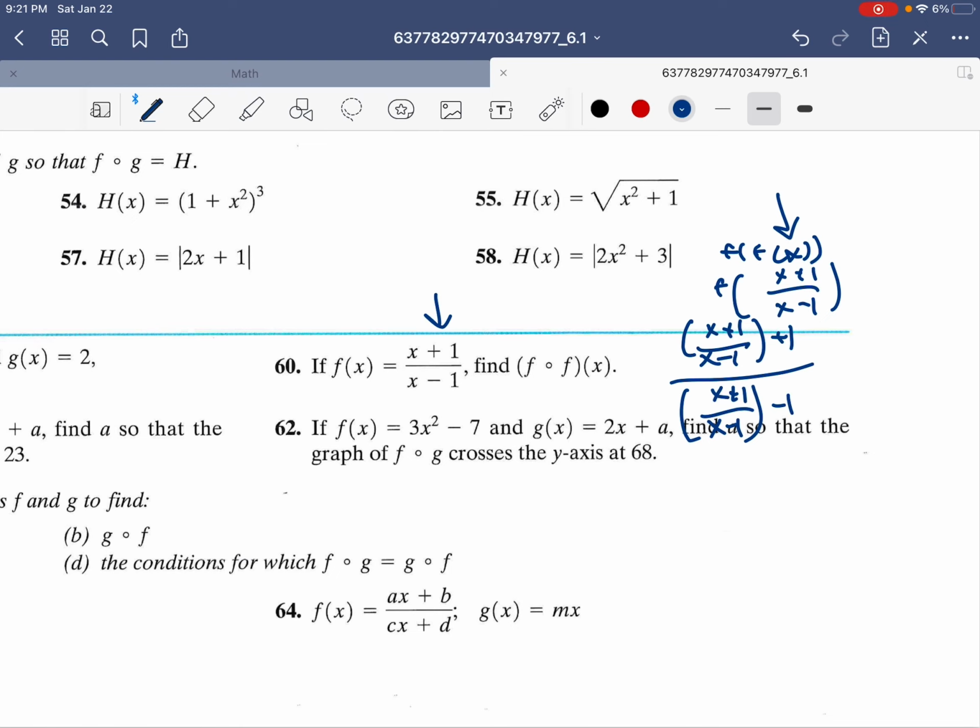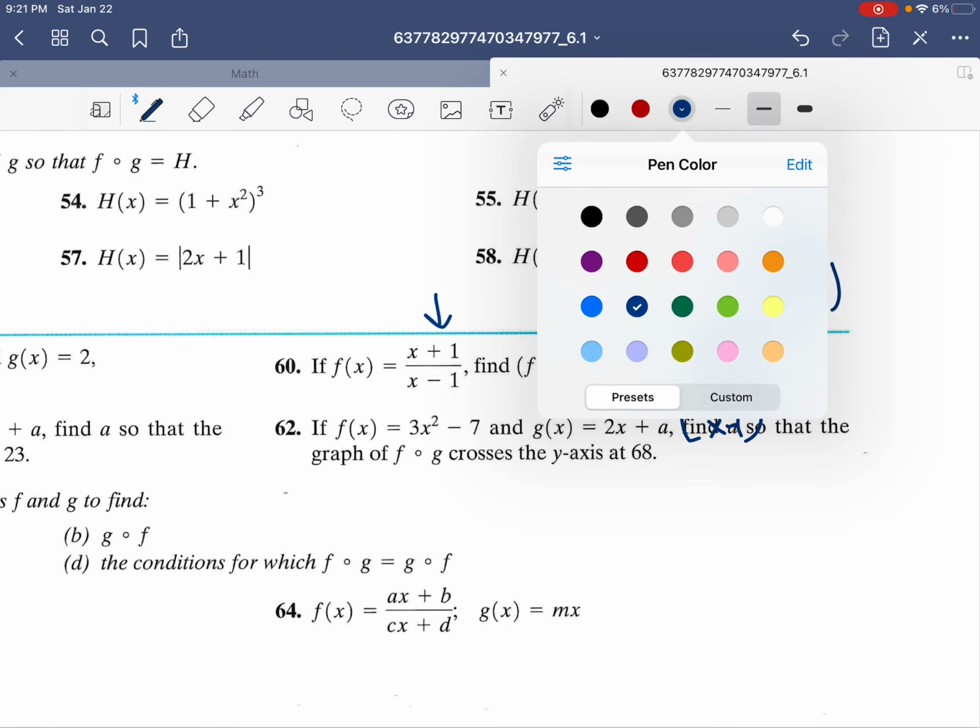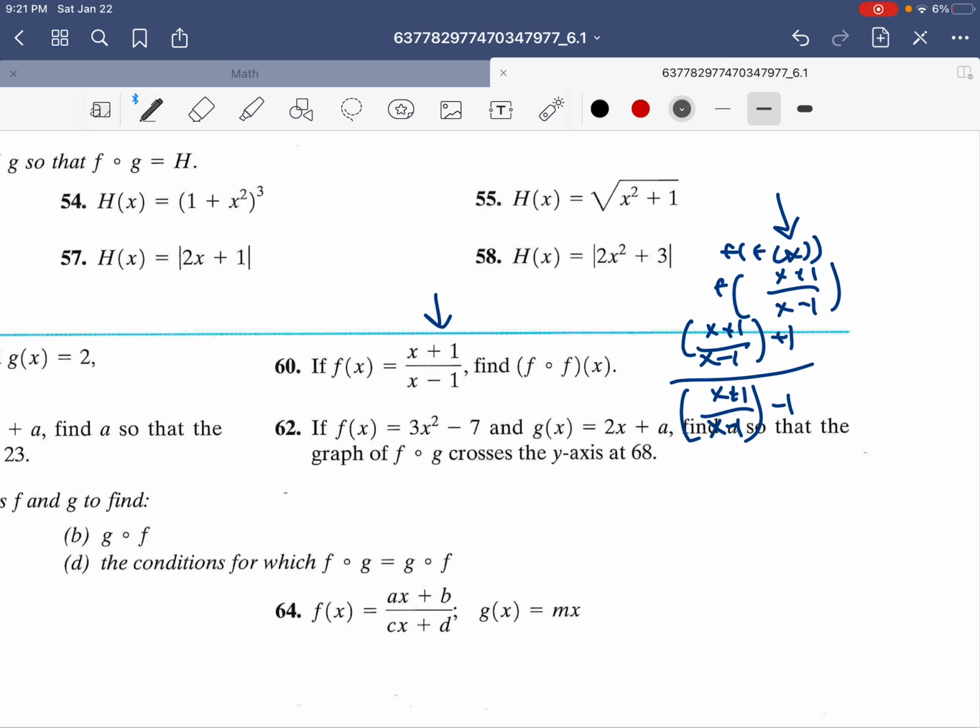Okay, so I'm going to multiply both the top and bottom by their denominator to get the least common denominator. Okay, and then when it simplifies, it's going to simplify.